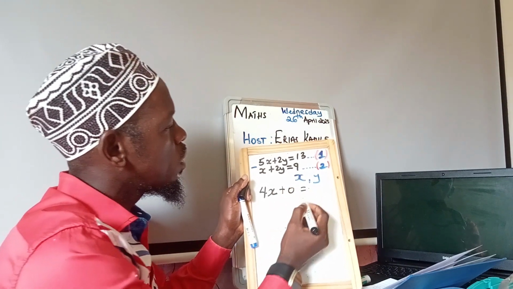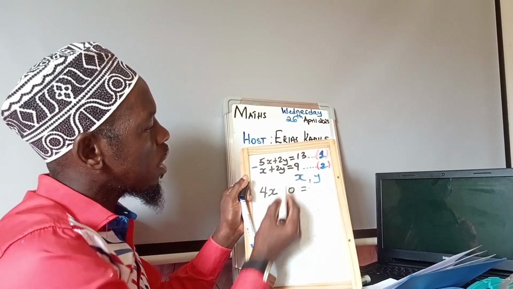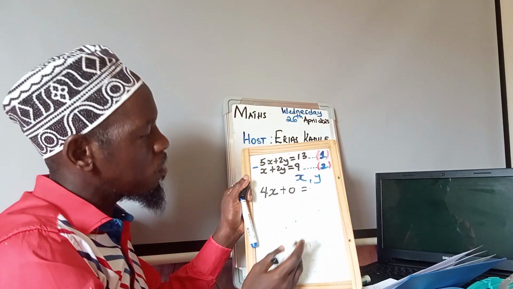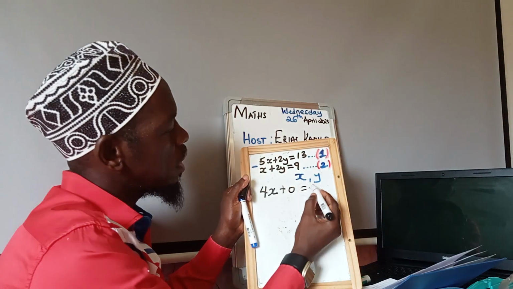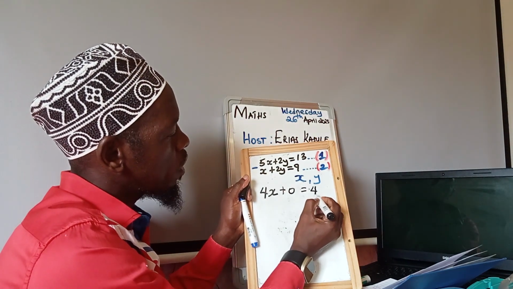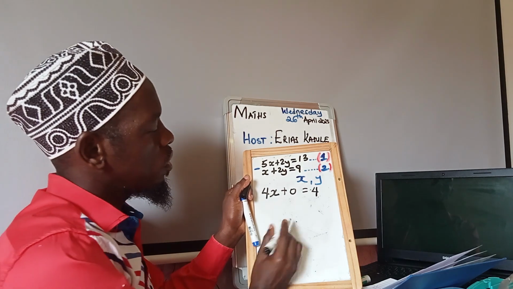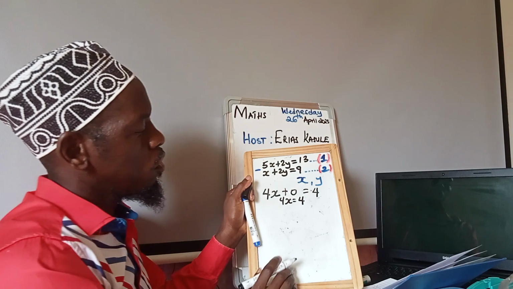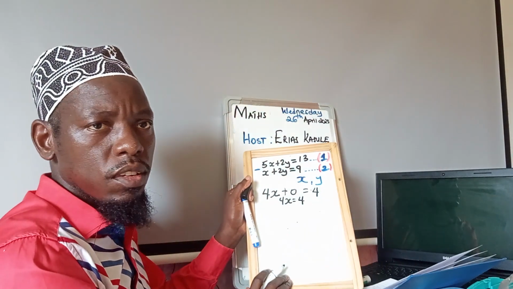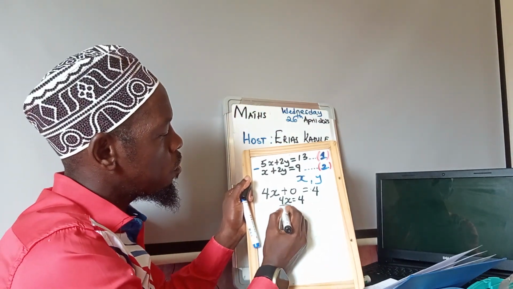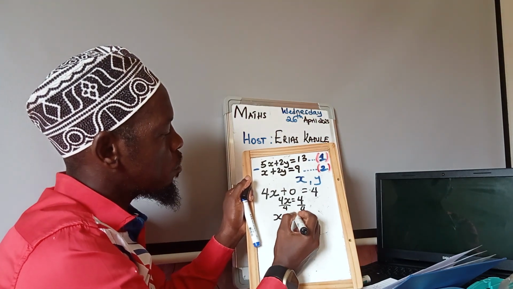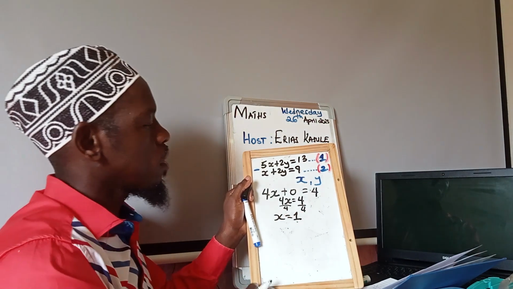It is equal to 13 subtract 9. Of course, what we did on the one side, we still do on the other side. 13 subtract 9 will give us a 4. So with this, you can see that 4x is equal to 4. So we can now find the value of x. So divide by 4 on both sides, and our x is equal to 1.